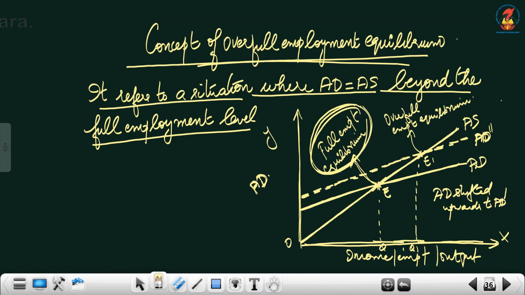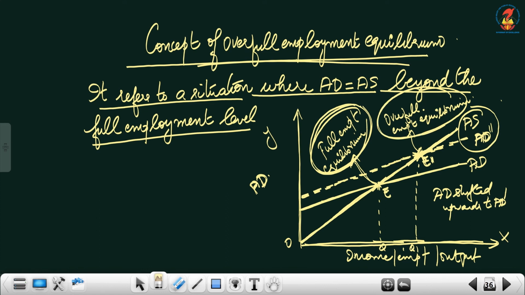You can see the new aggregate demand curve is intersecting the existing aggregate supply curve. The aggregate supply curve is not changing; it is kept fixed. The new AD curve is intersecting the existing aggregate supply curve at point E1. So this point is known as overfull employment equilibrium. That means an equilibrium is happening here between AD1 and AS, and that equilibrium is happening at overfull employment.